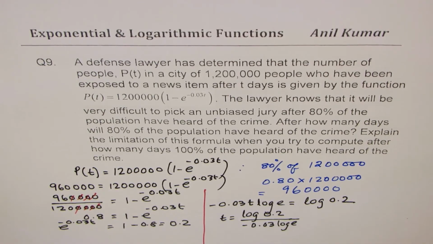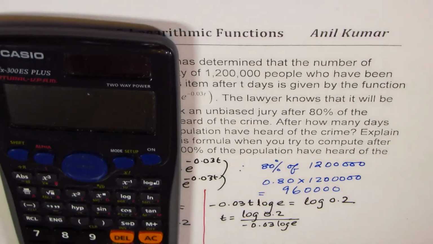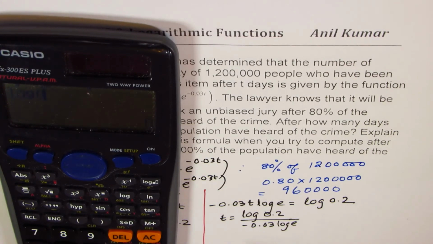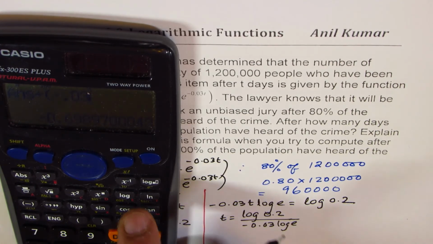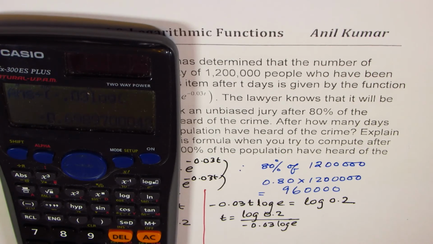Right? So let's calculate this. We have log of 0.2, which is a negative number, and we are dividing by, within brackets, negative 0.03 log e.